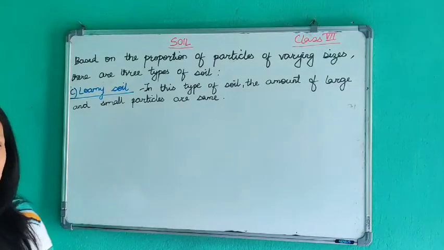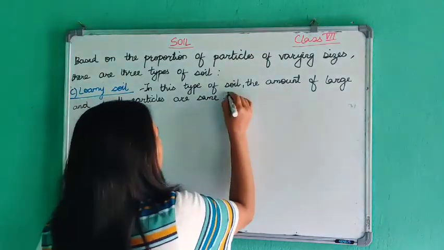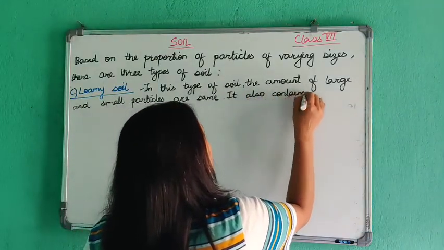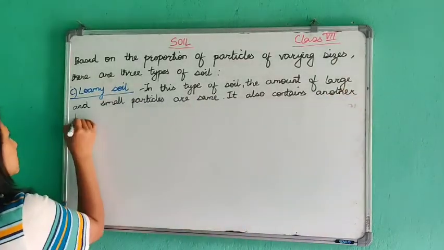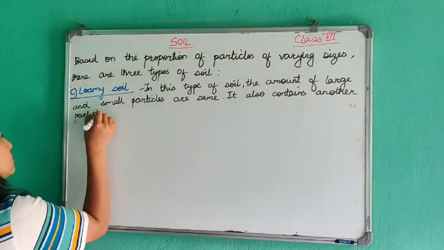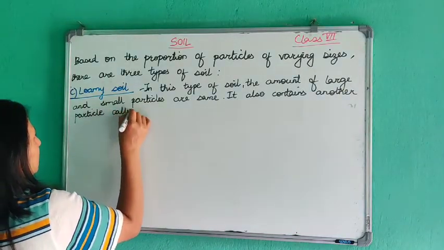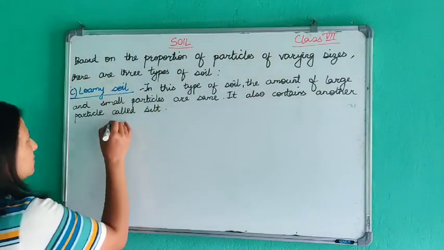प्लस यसमा additionally एउटा अझै एक प्रकारको particle हुन्छ, that is called silt. It also contains another particle called silt. भनेपछि loamy soil चाहिँ तीनवटा particles ले बनेको हुन्छ.